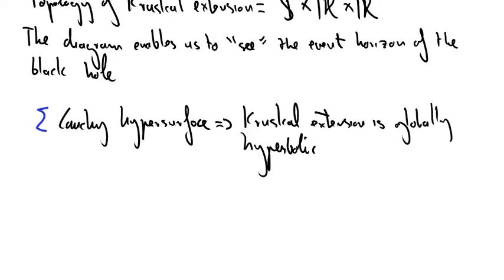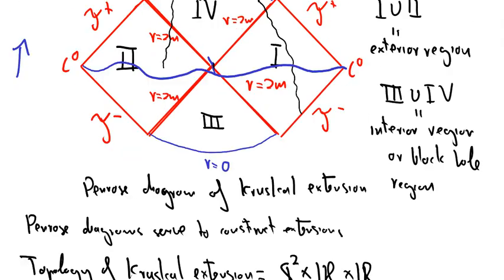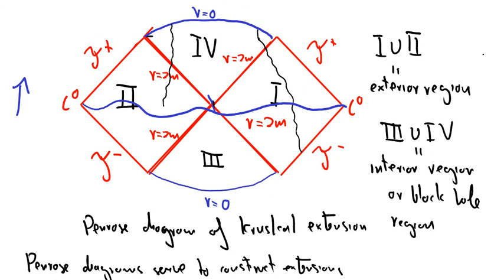Again, this is very easily seen in the diagram, because taking advantage of our ability to draw causal curves, we can see that any inextensible causal curve, meaning a curve which has an endpoint on the conformal boundary, will have to cross this hypersurface sigma.